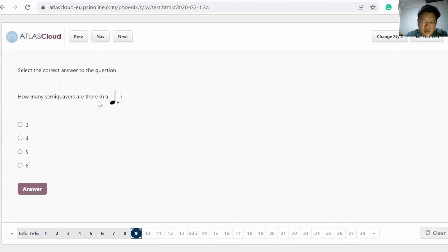Okay, how many semiquavers are there in a dotted crotchet? So dotted crotchet stands for 1.5 counts. Your semiquaver is a quarter, right? Semiquaver stands for this one, it stands for 1/4.